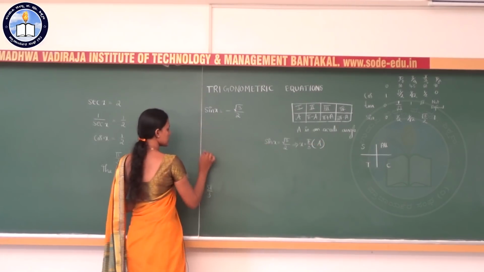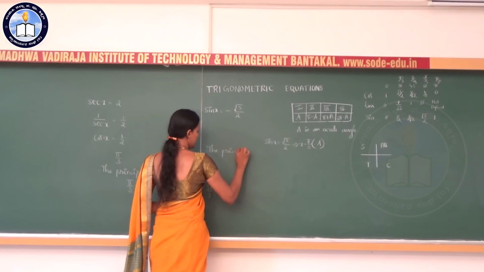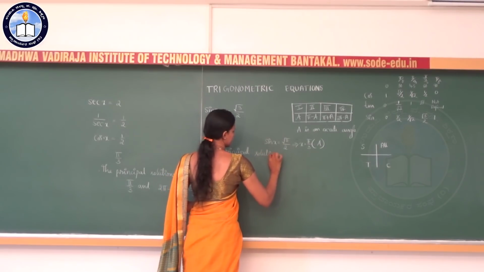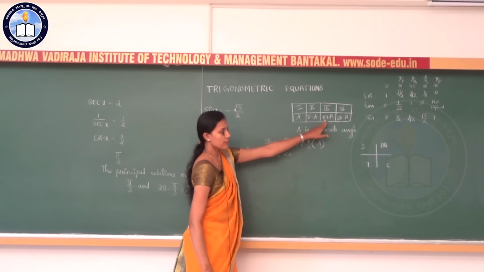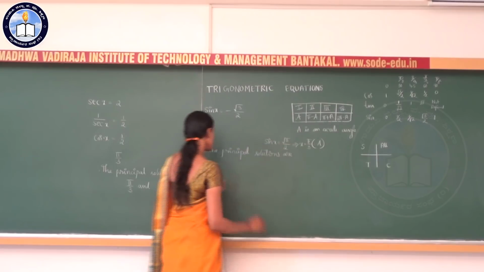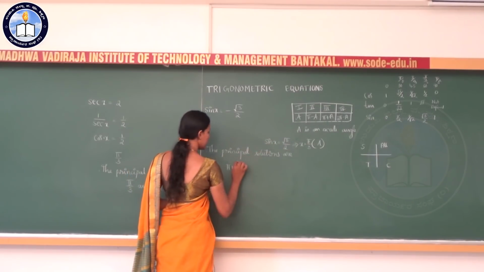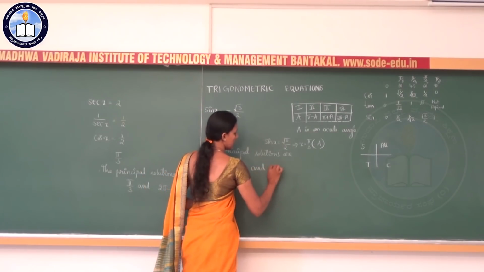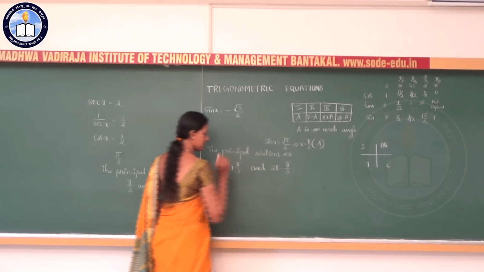So what are the principal solutions? The principal solutions are pi plus A and 2 pi minus A. Pi plus A, A is the acute angle. Here it is pi by 3, and 2 pi minus A, A is pi by 3.